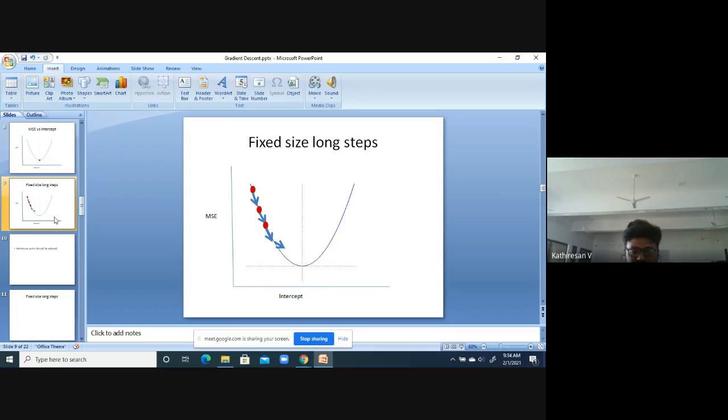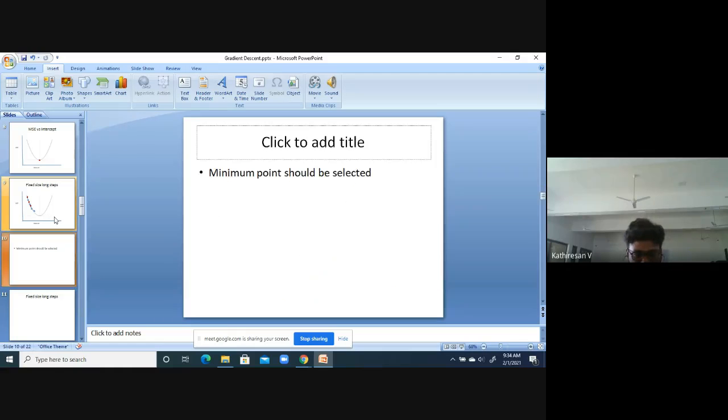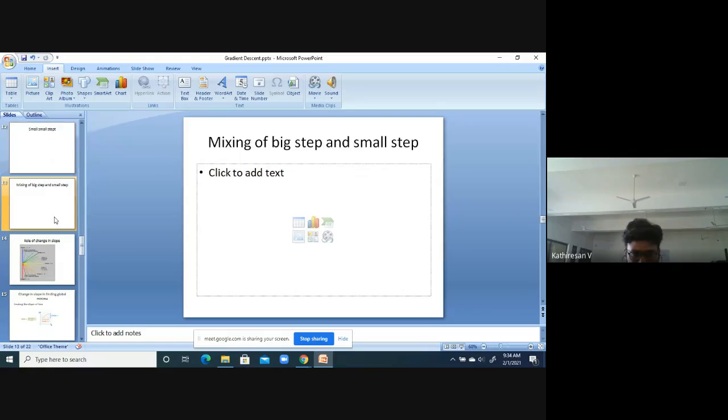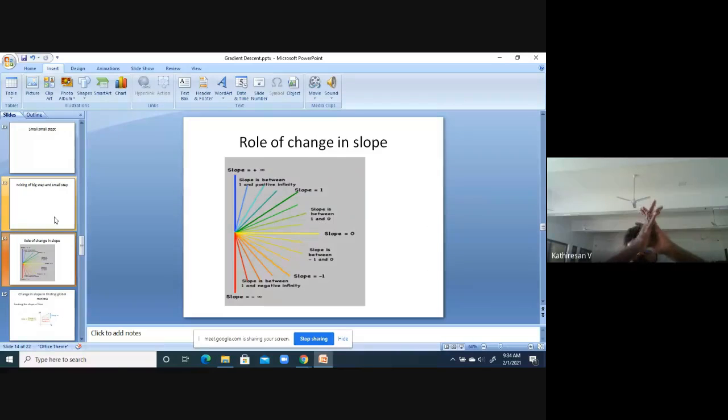That's what we have to look into. For that we have to get into slope one step ahead, in a more detailed way.